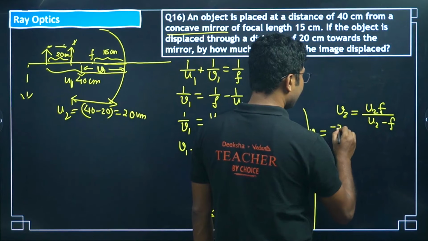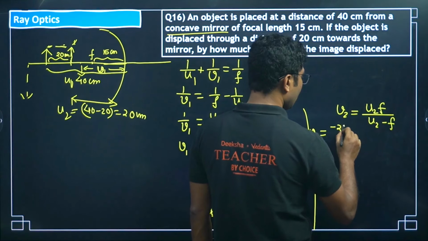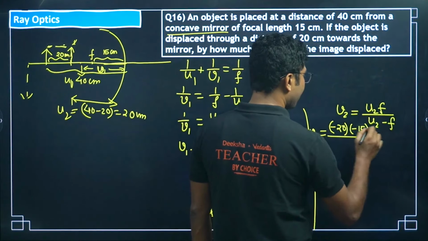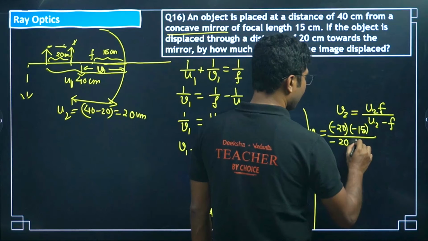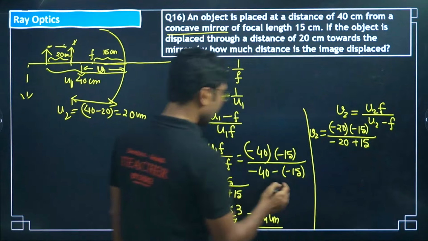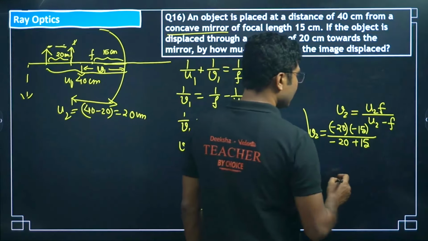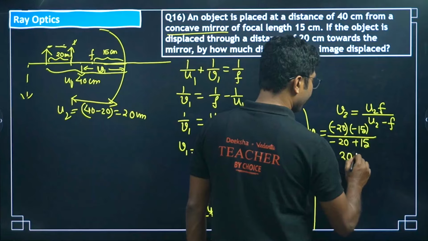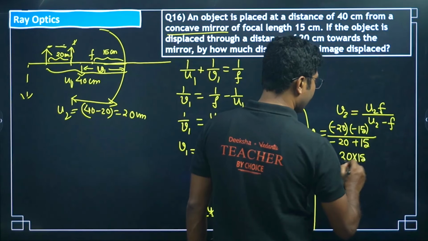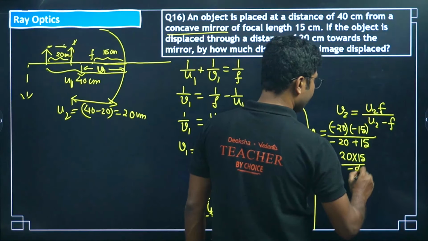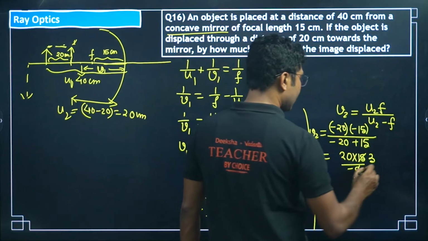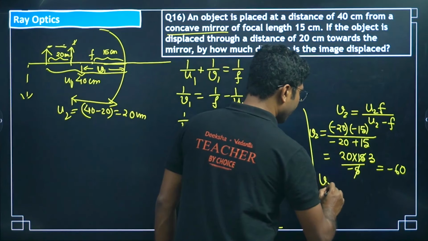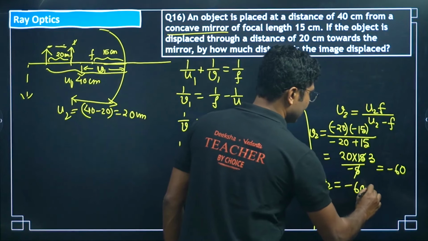So, minus 20, focal length will remain unchanged, so minus 15 divided by minus 20 plus 15. This minus minus becomes plus. So, now let us calculate: 20 into 15 divided by minus 5, 3 5s are 15. So, it will be minus 60.